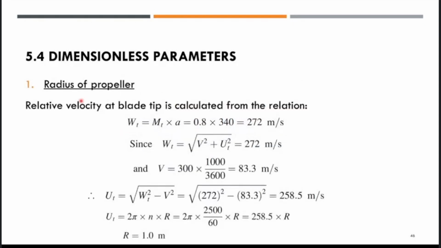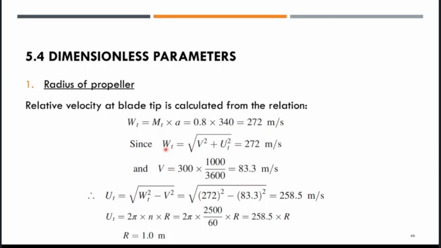The first item to be calculated is the radius of the propeller. The relative velocity at the blade tip is calculated from the relation Wt equals the Mach number at the tip times A. You have 0.8 times 340, already given earlier, so you get 272 meter per second.